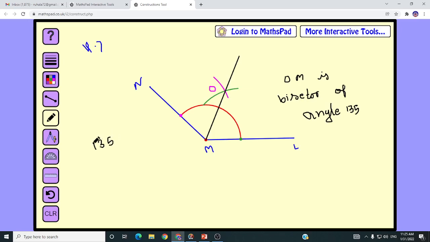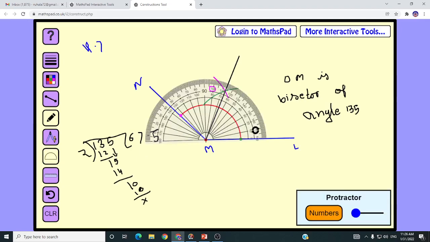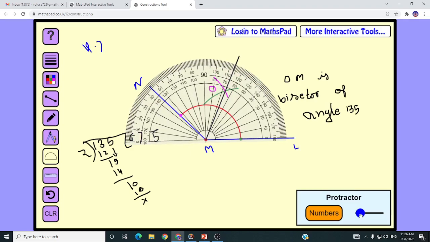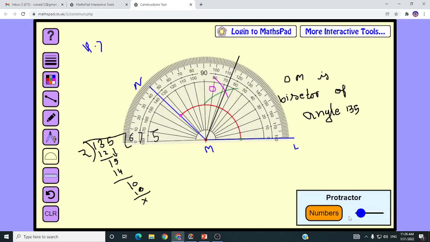First we check what is half of 135. 2 sixes are 12, 1 remaining, 5 will be carried, 2 sevens are 14, 1 remaining, take the decimal, put 0 here, 2 fives are 10. So this is 67.5. Check with the help of the protractor. Look, this is the 67.5. Clear?